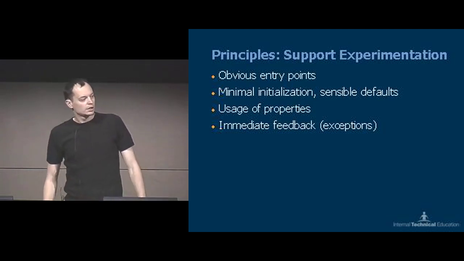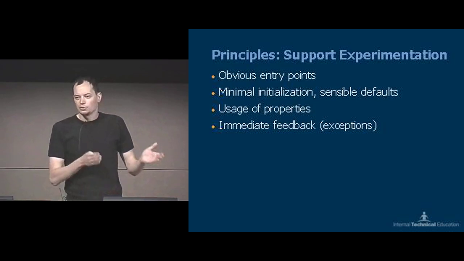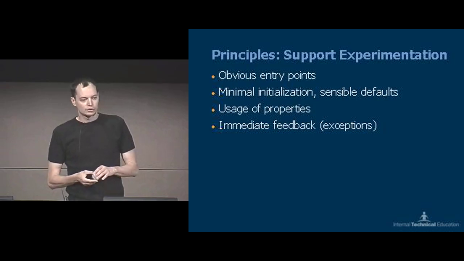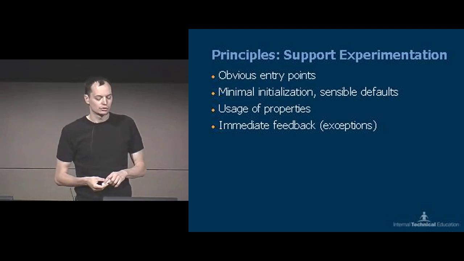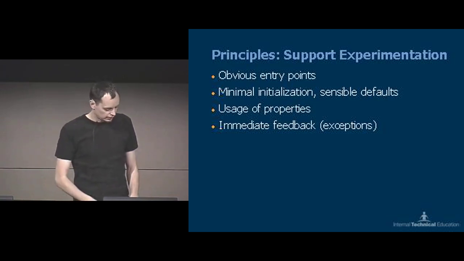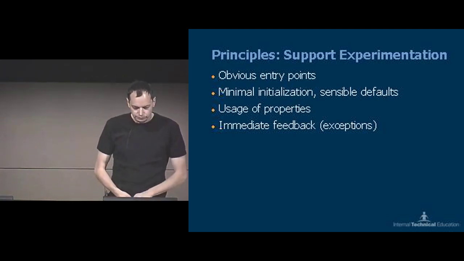Exceptions are a very good way to communicate feedback in cases where you actually cannot do anything with the component. An example would be a message queue. MessageQueue has a default constructor, but it requires the path to be set before you can actually send a message. If you don't set the path, we throw a very clear exception saying, hey, you need to set the path before you can send or receive messages.